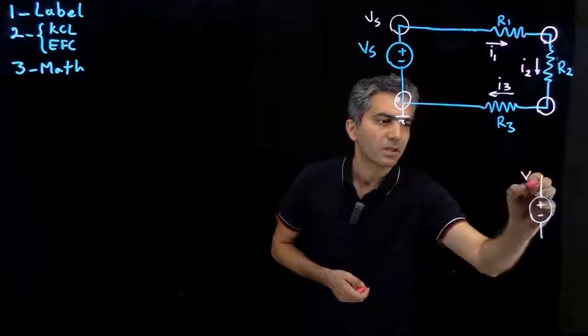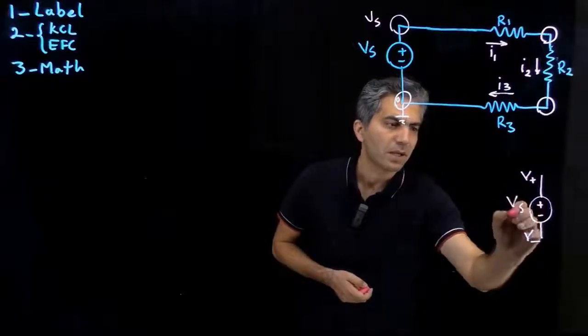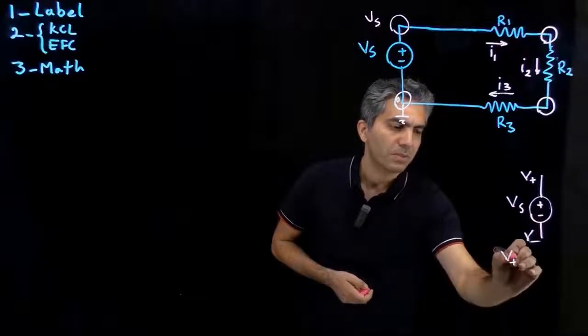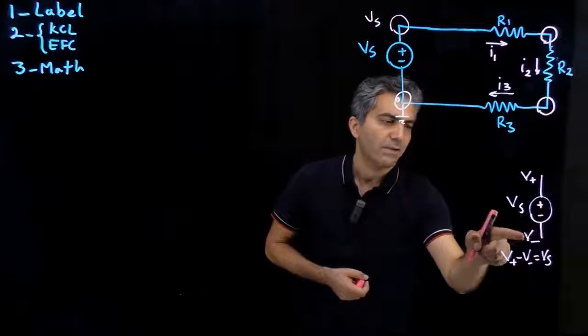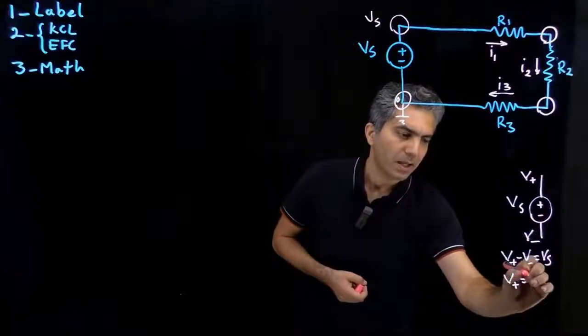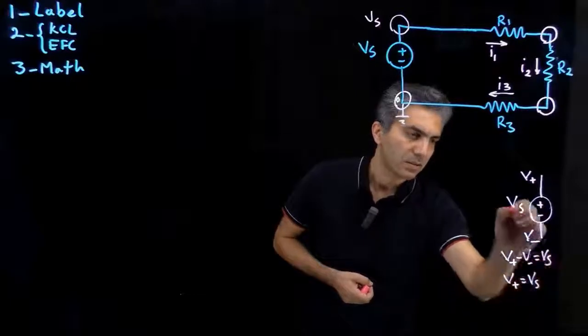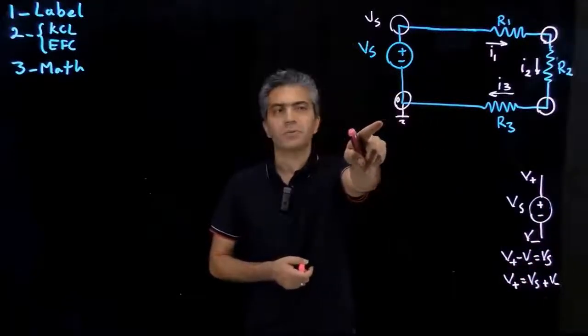So generally speaking, if you have a source, and this is V plus, and this is V minus, this is Vs, since you know V plus minus V minus is equal to Vs, if you have labeled V minus, you can always label V plus as being Vs, the potential difference, plus V minus, which is what we have done here, right?